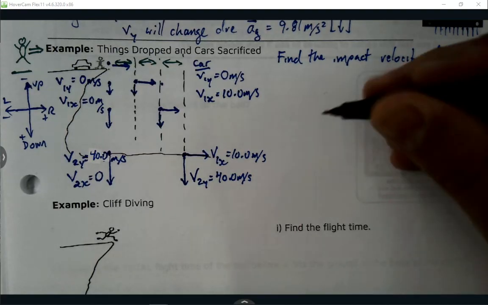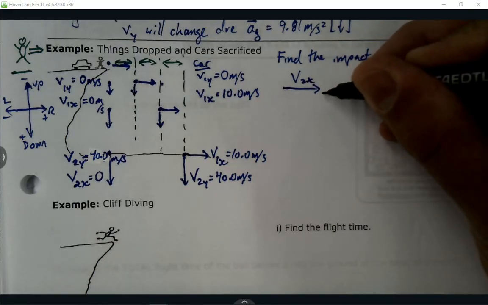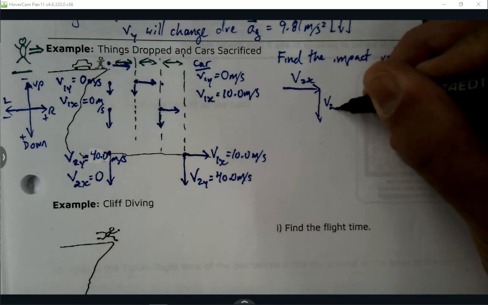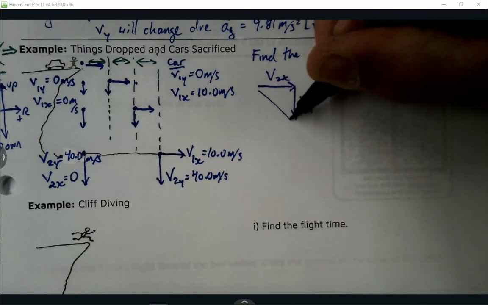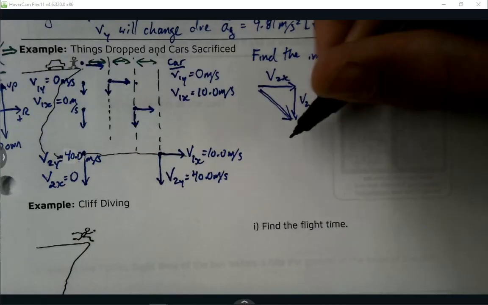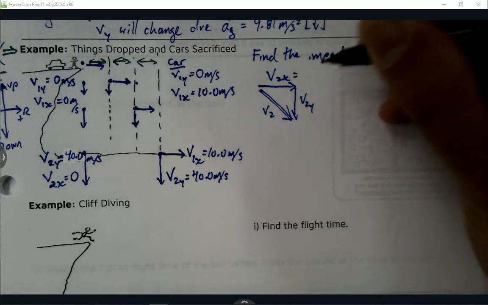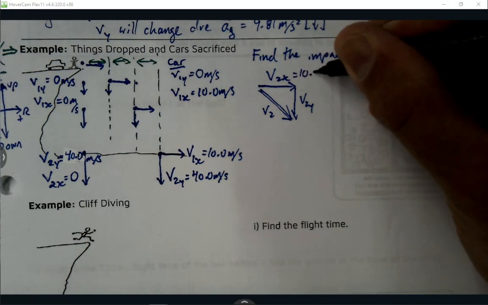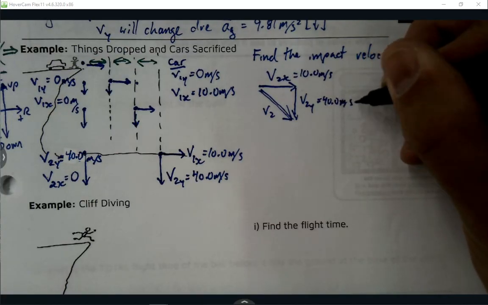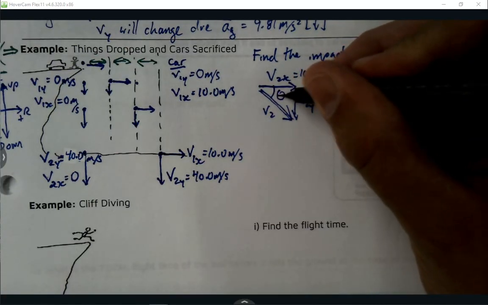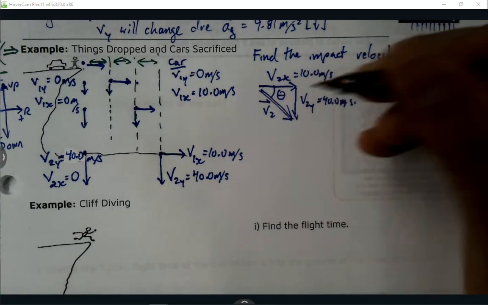So the impact velocity, I'd say, okay, well, at the moment when it smacks into the ground, I'm going to have a v2x, I'll have a v2y, and the resultant, the velocity that it hits the ground at, would be the sum of those two. That's v2. Not only would you be able to calculate the magnitude, because hey, look, v2x is 10 meters per second, v2y is 40 meters per second, but you could figure out the direction, because this is a vector after all. We should really know the direction of this V2 value.